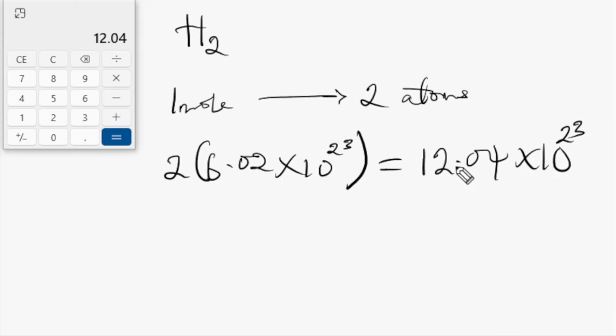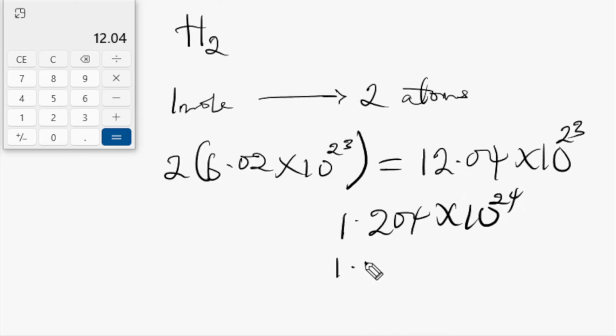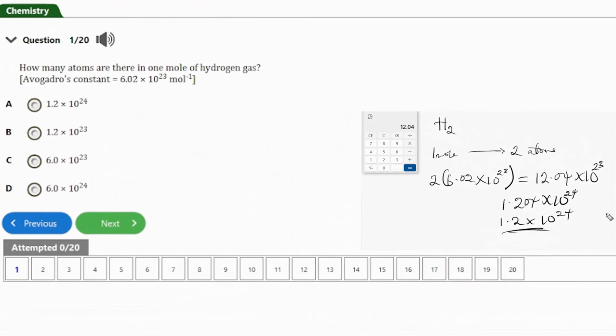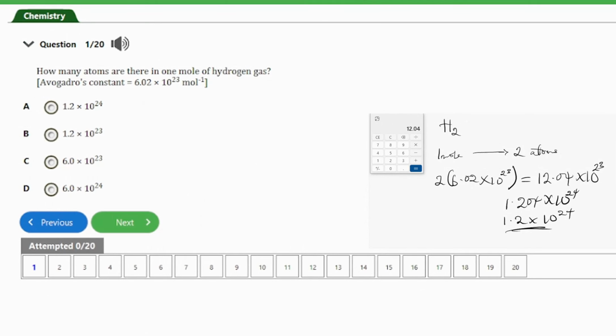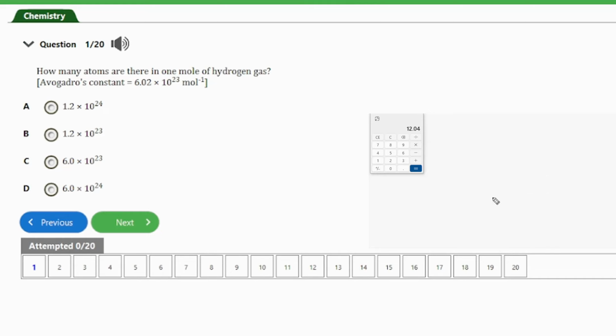If we move the decimal point to make it 1.204, we increase the power to 24. So I'll have 1.2 times 10 to the power of 24. The answer to this question is option A, 1.2 times 10 to the power of 24. Let's quickly wipe this and check out the next question.